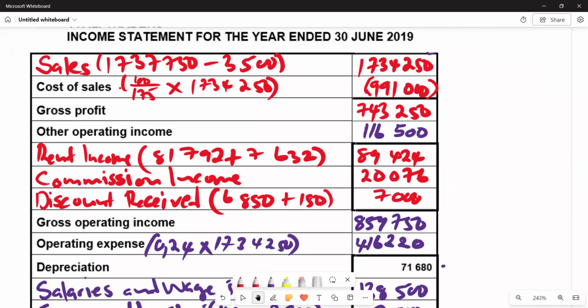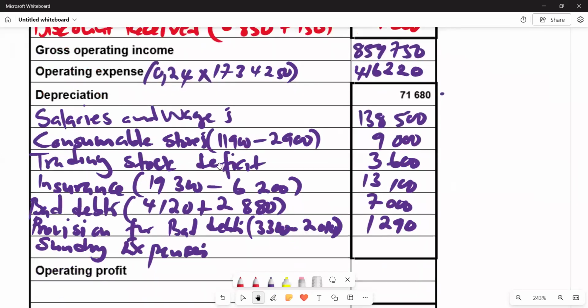And then after finding the figure for operating expenses, you are supposed to find the figure for sundry expenses now. So how can we find it? We can add all what we have there, starting from depreciation down to provision for bad debt. So if you add from here to here, the total figure that you are supposed to get there is 244,170.